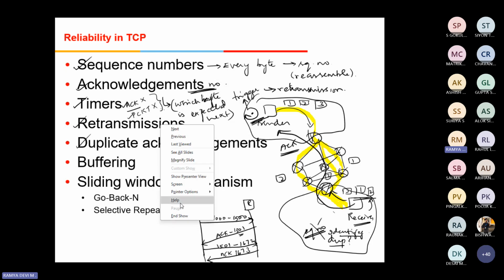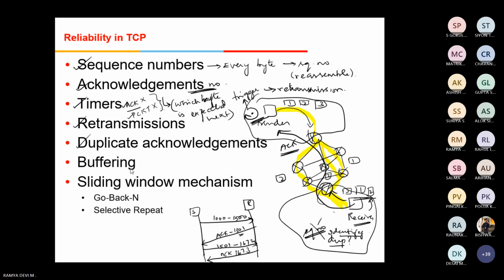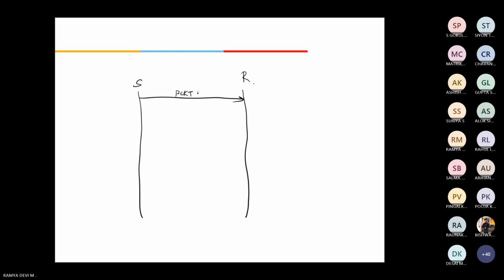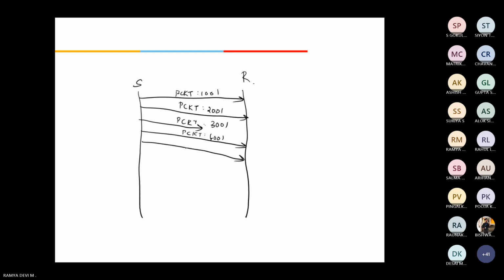So say, for example, 1,000 bytes are sent in one packet.